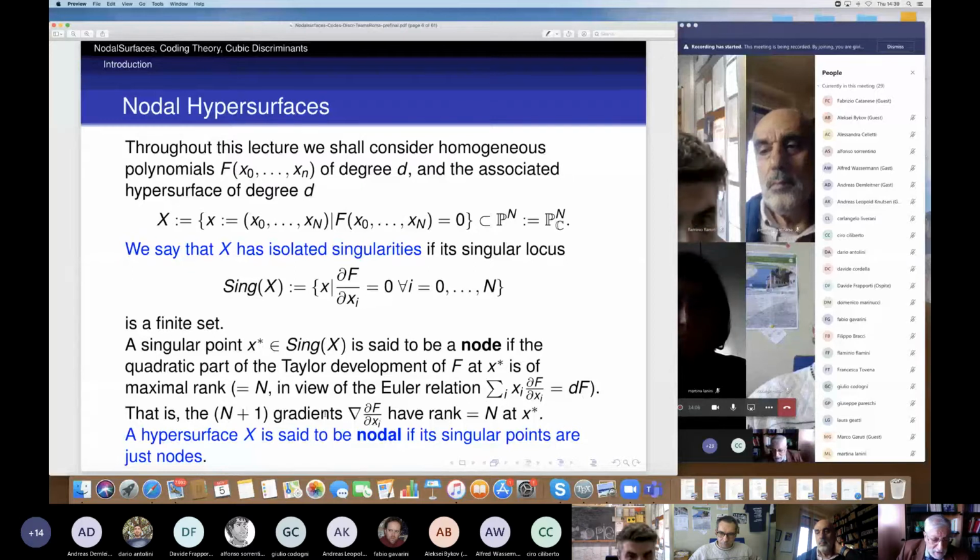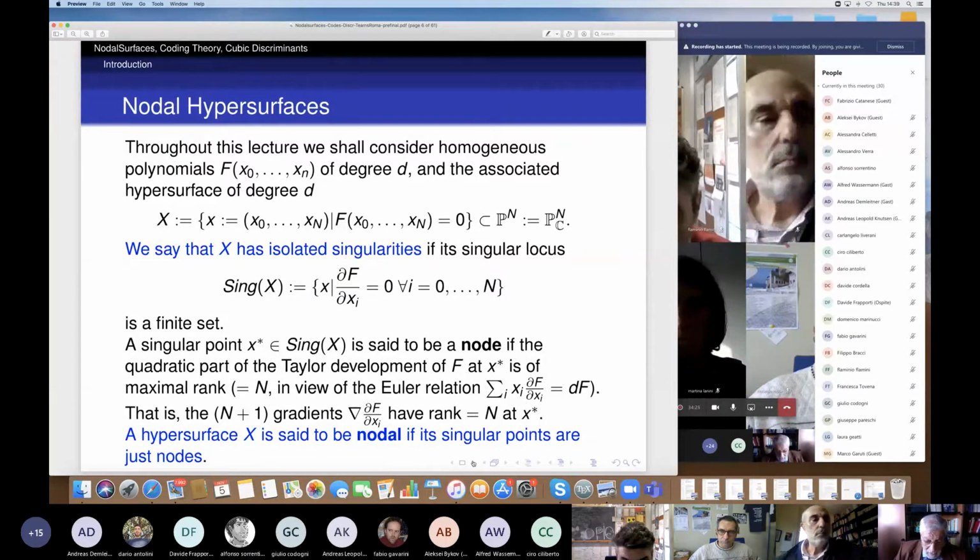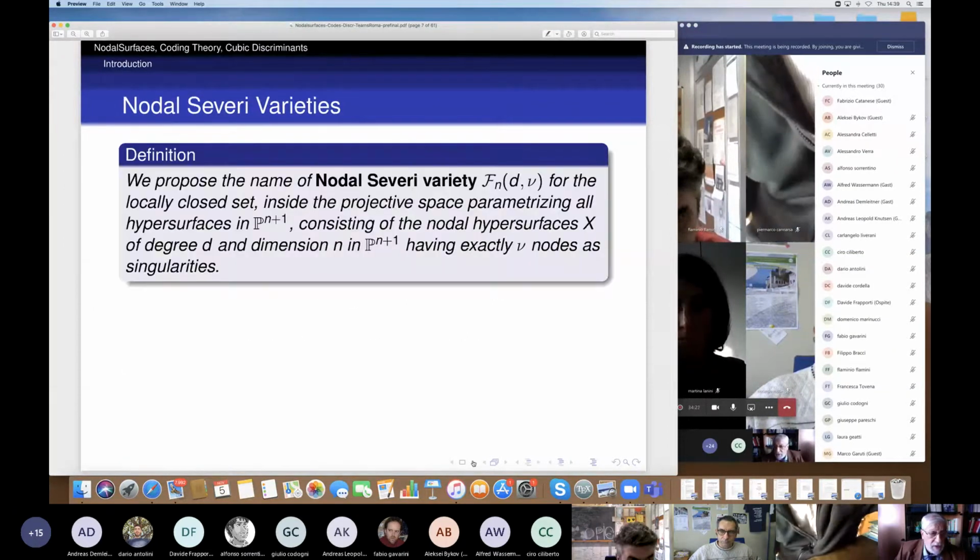And so the maximum rank is n, and this means that the n+1 gradients of the partial derivatives have rank equal to n. So this is the easiest singularity which you can have. And nodes are also known in analysis, in bifurcation theory. So we concentrate on this.